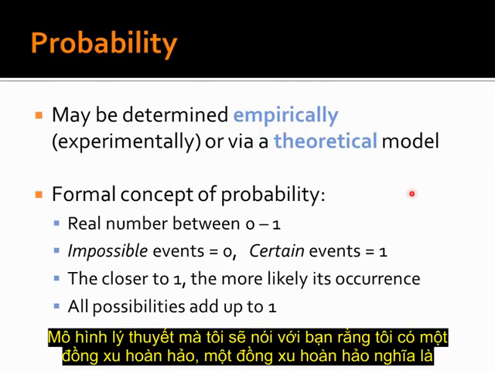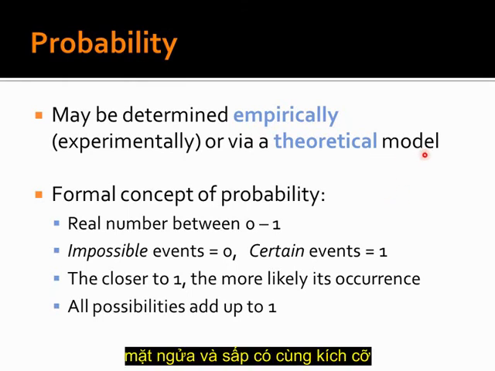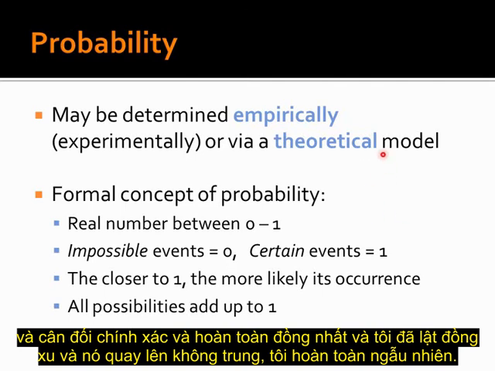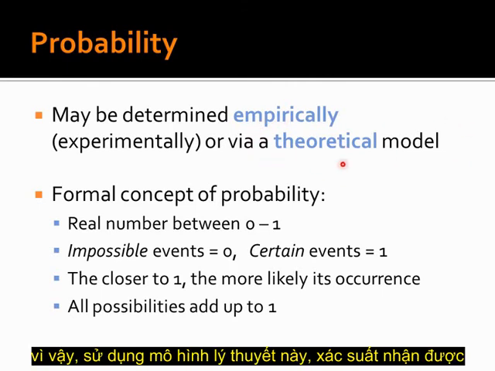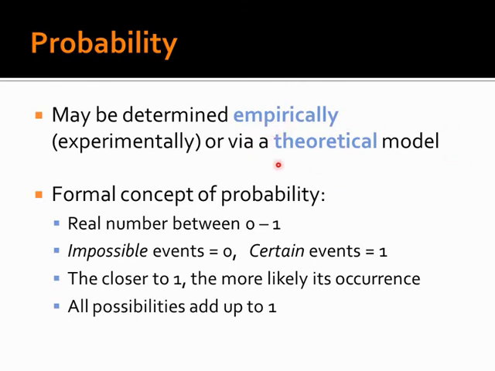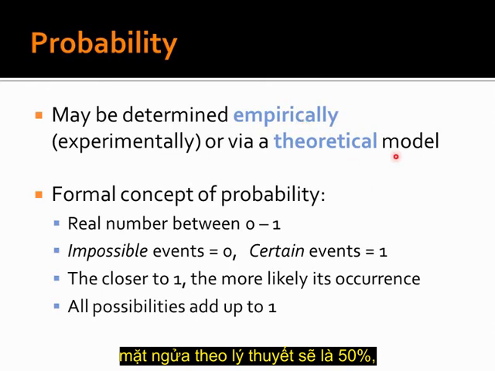A perfect coin means the head and the tail side are exactly the same weight and exactly balanced, and it's totally uniform. When I flip the coin and it spins up into the air, it's totally random. There's no way I can predict what side is going to come out. So, using this theoretical model, what's the probability of getting heads? Well, theoretically it would be 50%.